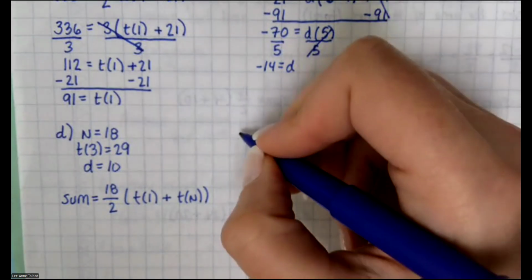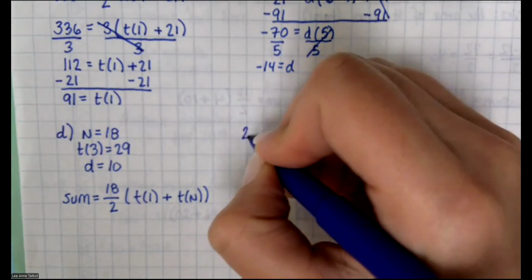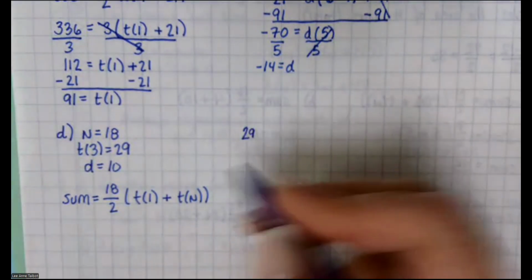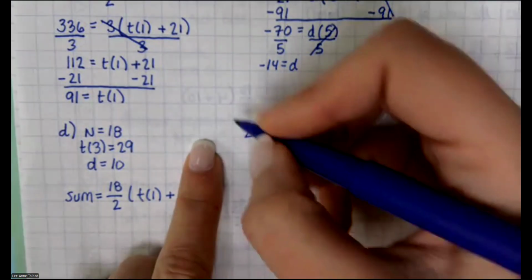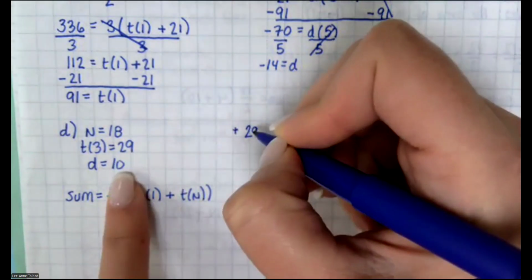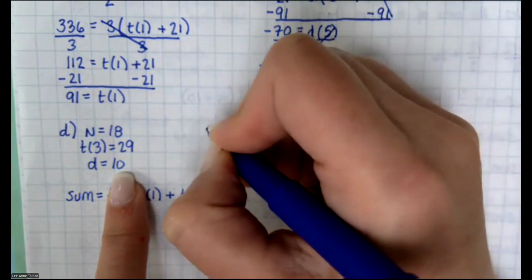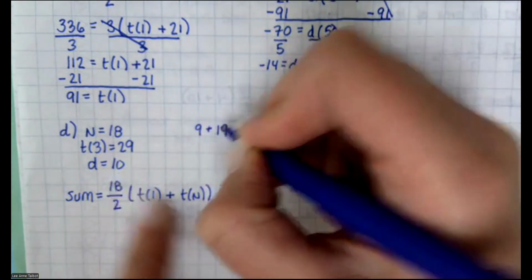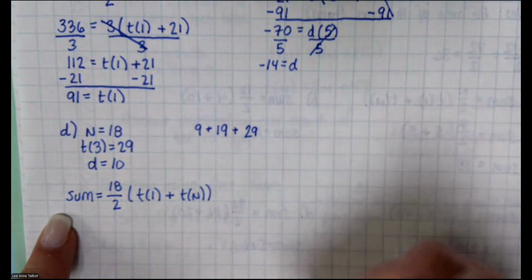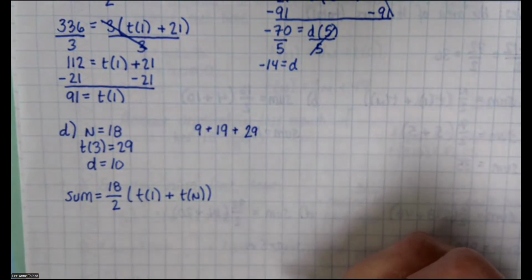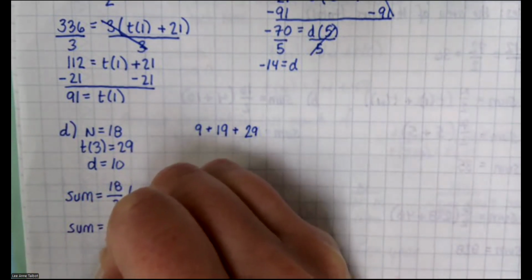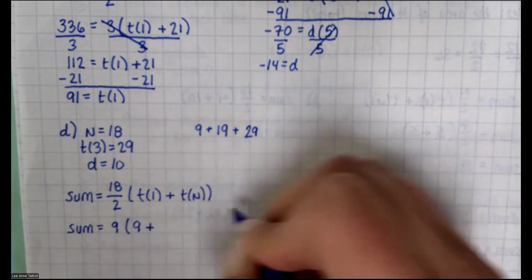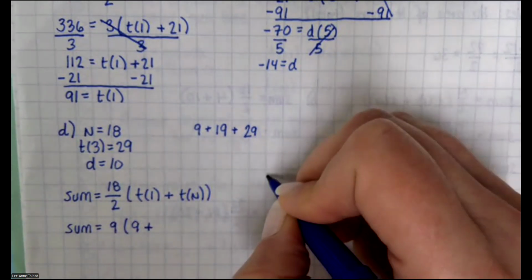Okay, now on this one, to be honest with you, it might just be easier to find the first term instead of with algebra, just counting. So if they're going up by 10, then this would be 19 and that would be 9. Okay, so we have sum equals 9 times 9 plus, and then we need to figure out what this is.